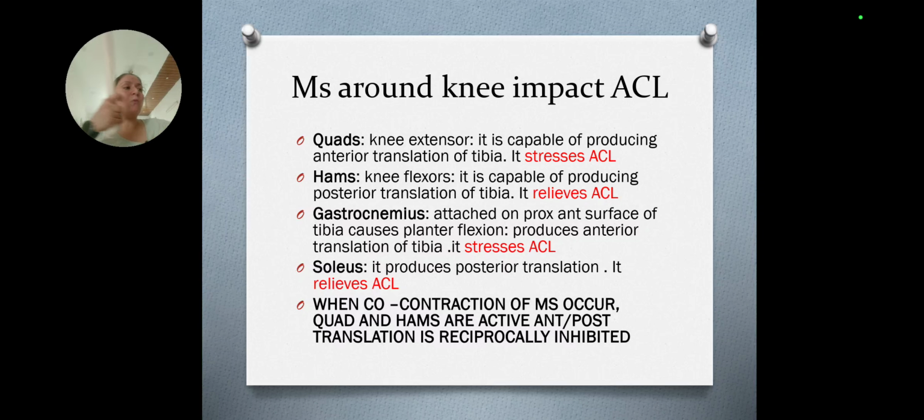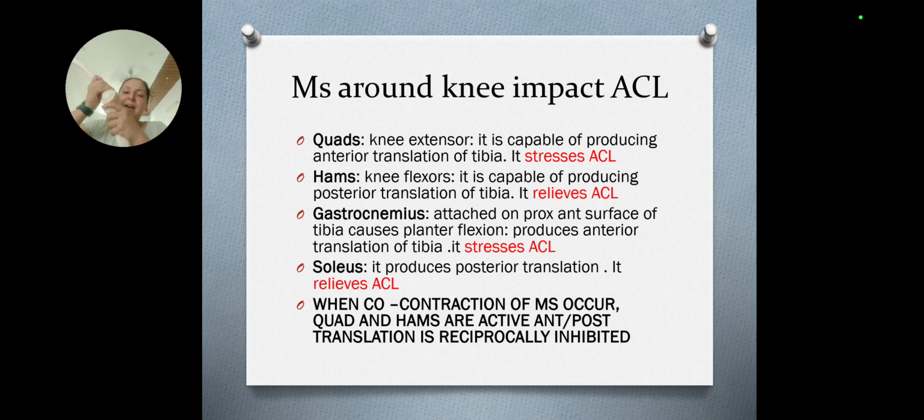Now in knee bending, this is the knee bending position, and the tibia is moving anteriorly. When the tibia is moving anteriorly, it is producing anterior roll and glide.